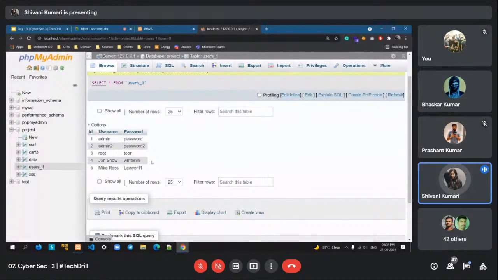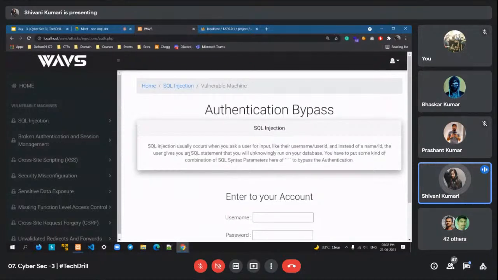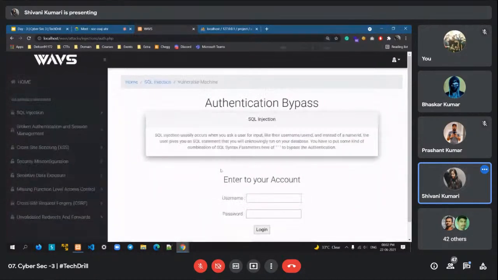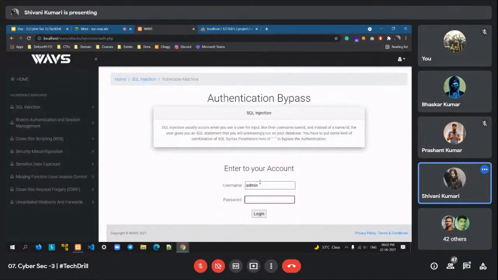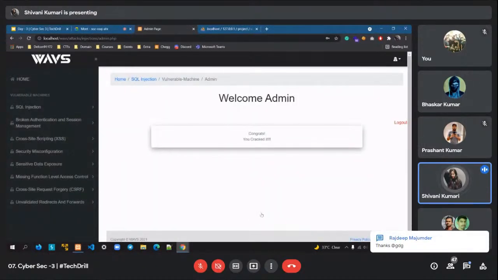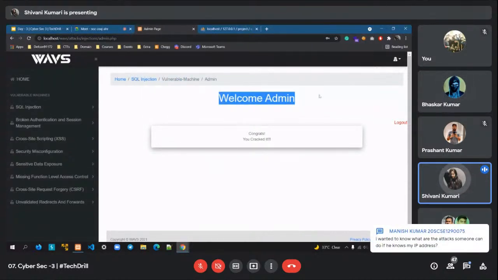I'm going to use one of the credentials from this database. So let's take admin, password. You can see I got logged in.